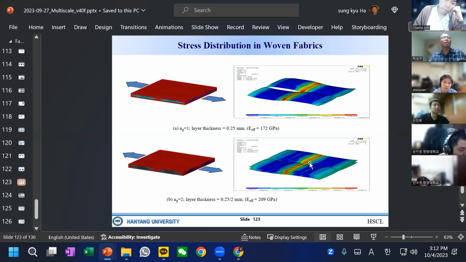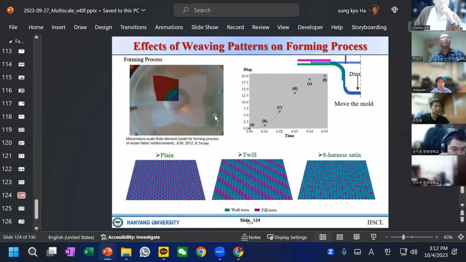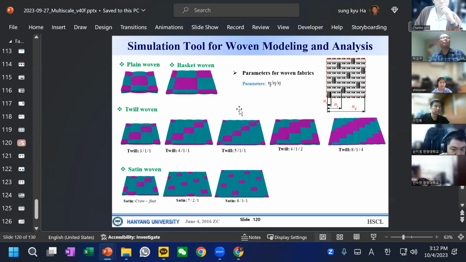And as you can see, the effective stiffness will be 172 or 209, depending on this interlocked geometry. Again, these are called the weaving patterns.